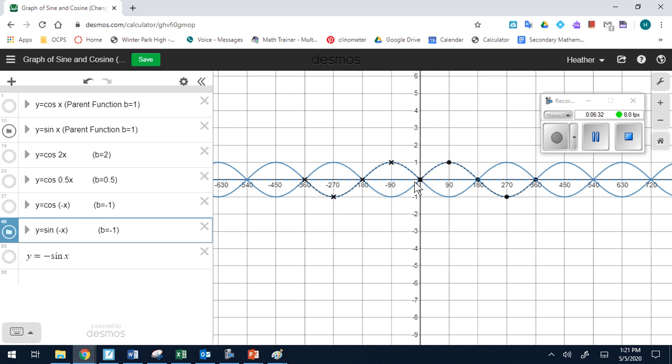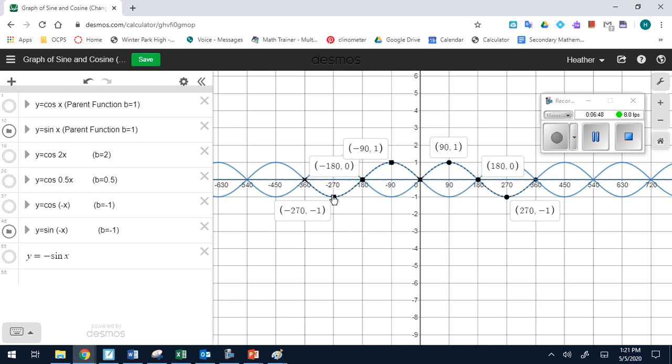There we go. So with our parent function, what's happening, 0, 0 stays 0, 0 because it's on the axis. Then I'm reflecting 90, 1 to -90, 1. I'm reflecting 180, 0 to -180, 0. 270, -1 to -270, -1. And then 360, 0 to -360, 0. So I'm reflecting across that y-axis.